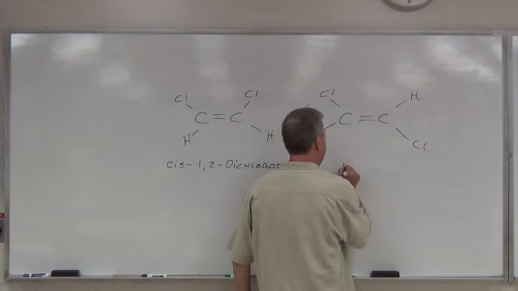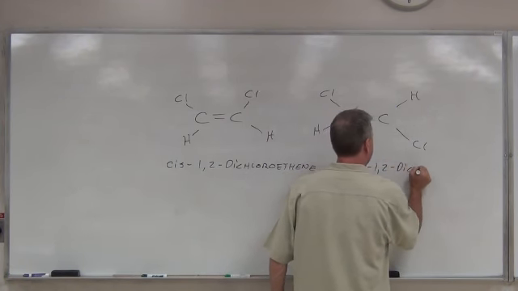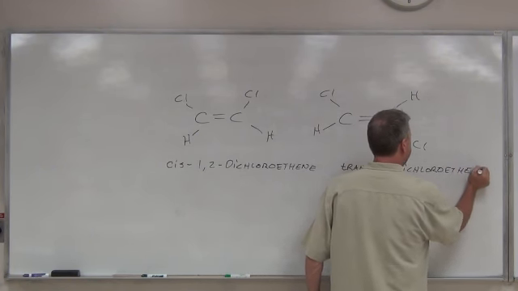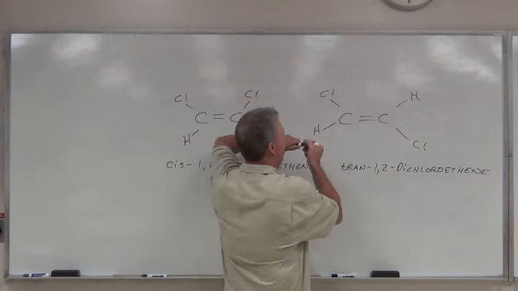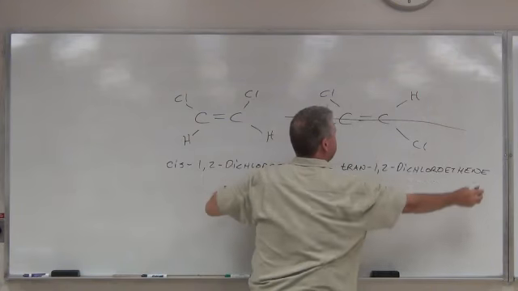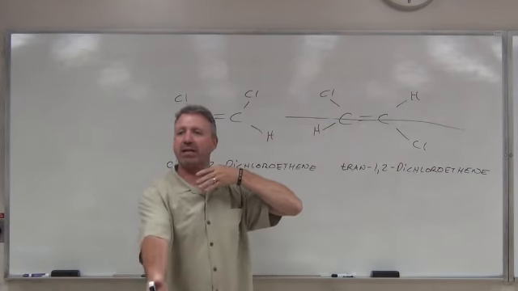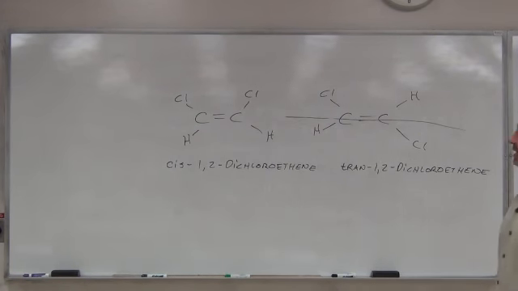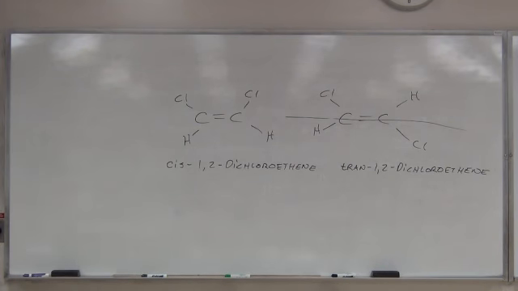This is trans 1,2 dichloroethene. Trans because they're across. This double bond creates a rigid plane. They're on opposite sides. Trans means across. Transatlantic, across the Atlantic, what have you. If the substitutions are on the opposite sides, it's trans. If they're on the same side, it's cis.